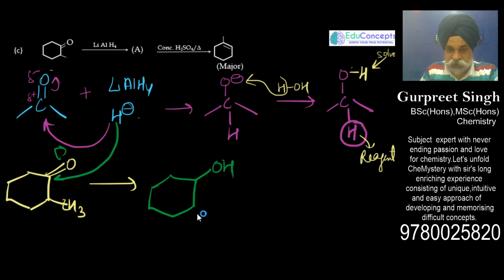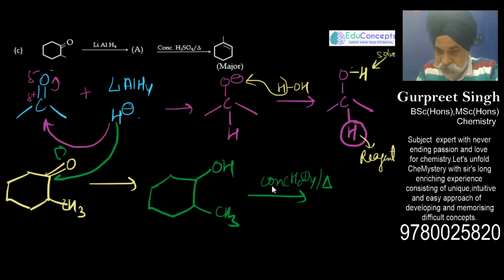Now what type of alcohol is it? It is secondary alcohol. Now this secondary alcohol is being treated with concentrated sulfuric acid. Now again, concentrated sulfuric acid when heated with the alcohol would give you a dehydration product. So make it a point, you have to remember this particular reagent, that concentrated sulfuric acid along with heating is going to give you the dehydrated product.